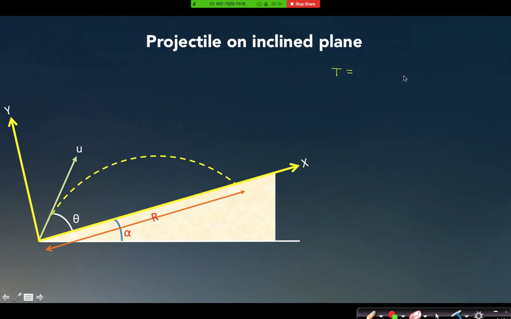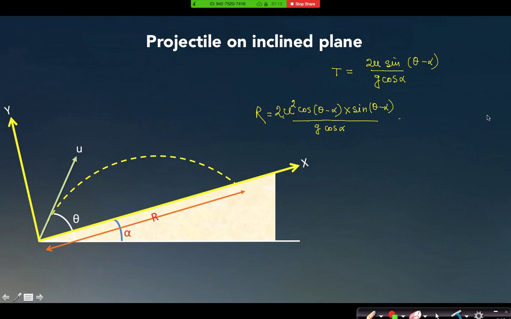If time is 2u sin(theta minus alpha) divided by g cos alpha, then the range expression is u cos(theta minus alpha) into T, with capital T instead of small t, so 2u sin(theta minus alpha) divided by g cos alpha, minus half g sin alpha into capital T square, so that is 4u square sin square(theta minus alpha) divided by g square cos square alpha.